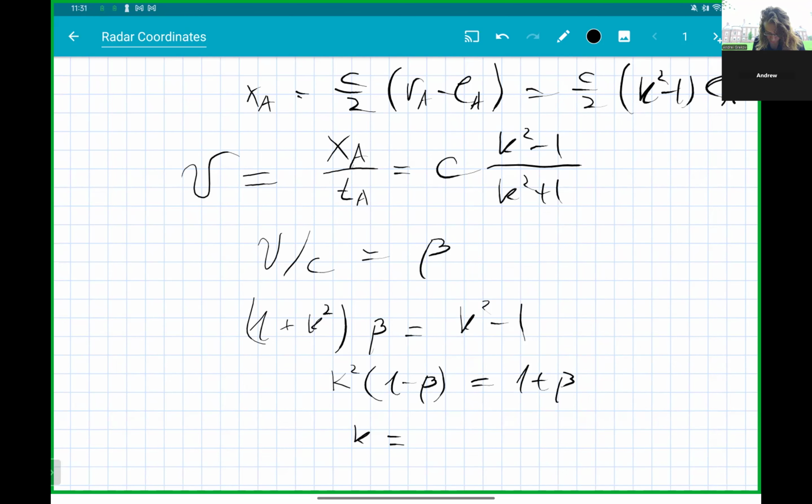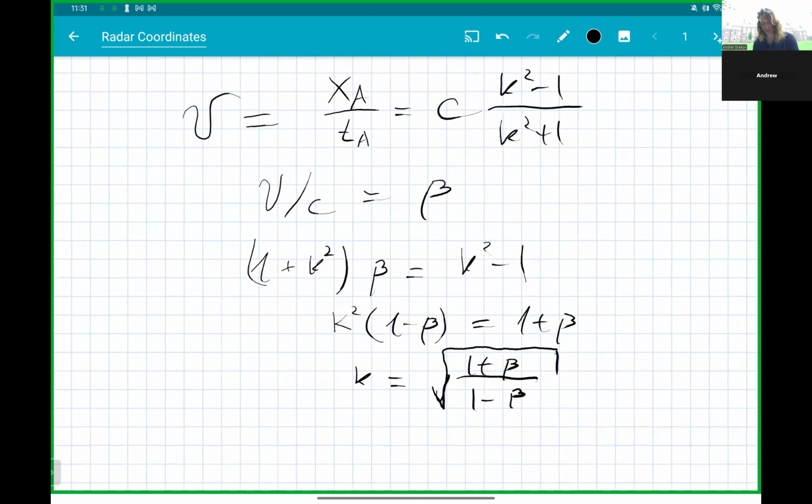So K is equal to the square root of 1 plus beta divided by 1 minus beta, which is exactly the standard answer for the Doppler effect.